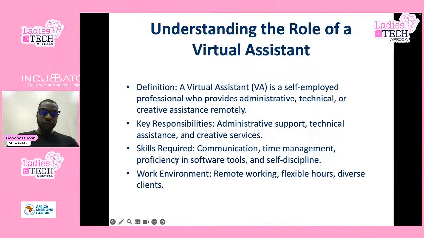The basic skills required for being a virtual assistant are communication, time management, proficiency in software tools, and self-discipline. For the self-discipline part, it's crazy, because if you're not self-disciplined, you won't be able to manage your time.